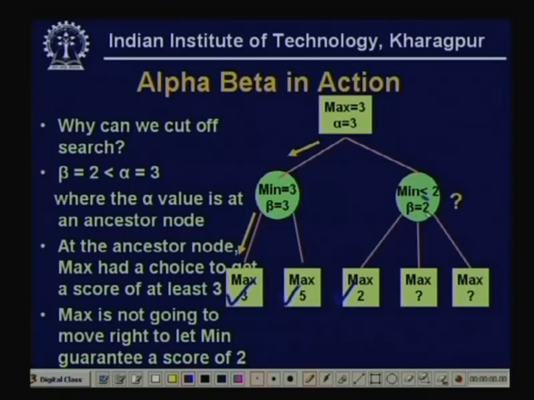Now, since beta value is 2 here and the actual value is 3 here, max will never consider going along this path. So, the rest of this path can be pruned off, which means that these nodes need not be explored. Okay. And the optimum path for max is along this path, and for min here it is along this path.